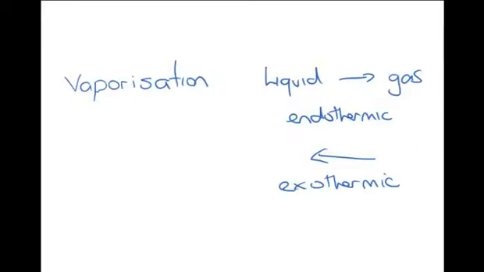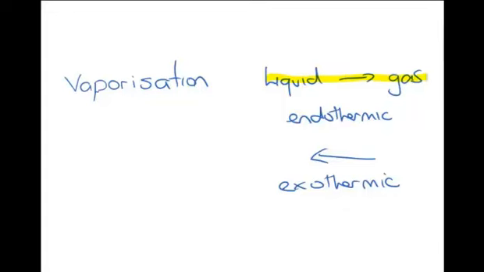Now with vaporization, that's going from a liquid to a gas, and so again we've got the same idea that we're going to need to put energy in there. It's going to cause the molecules to vibrate more, and eventually will break bonds, and this is an endothermic process.